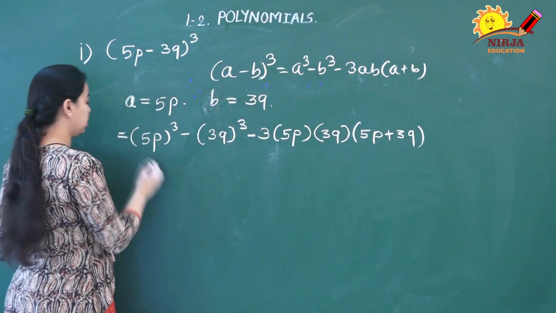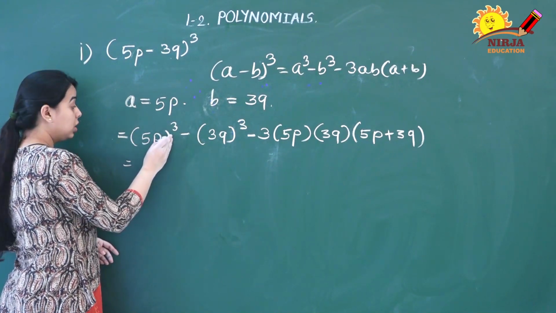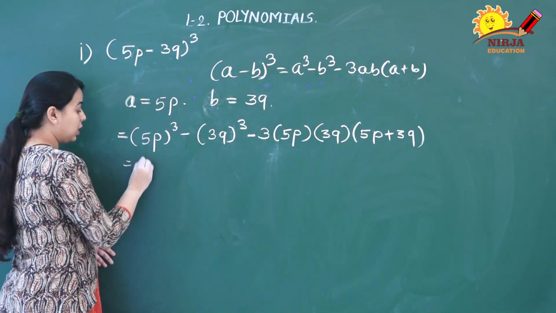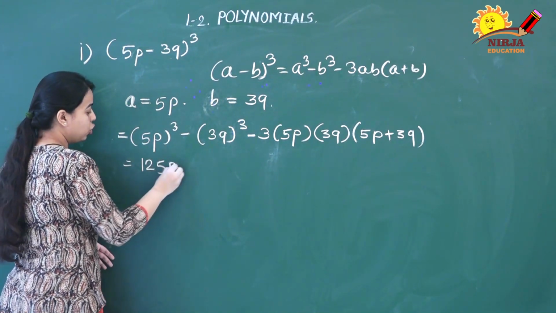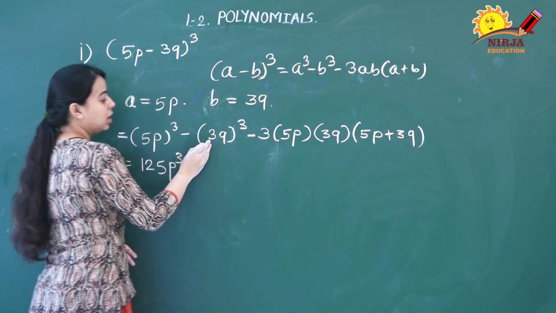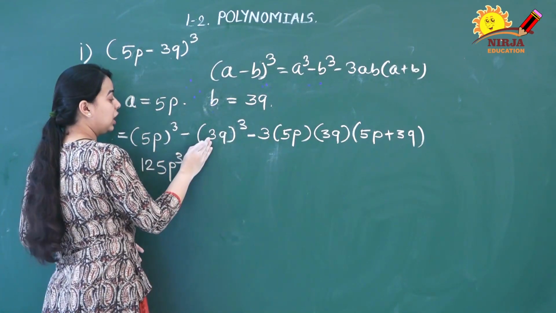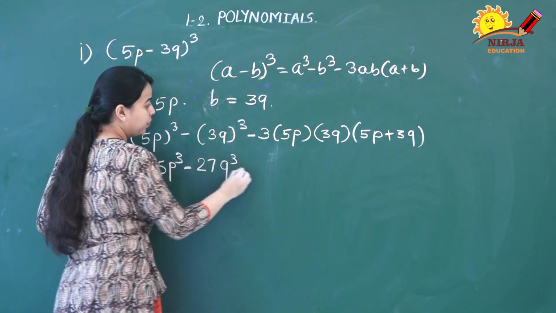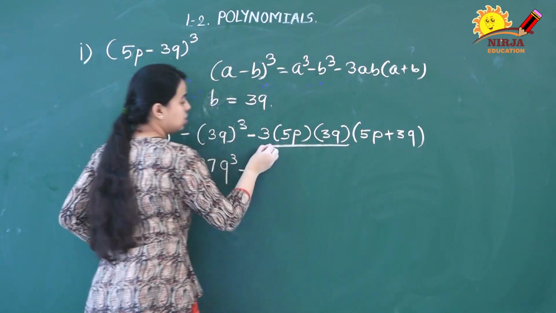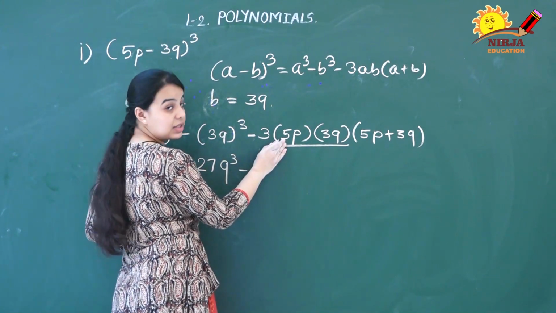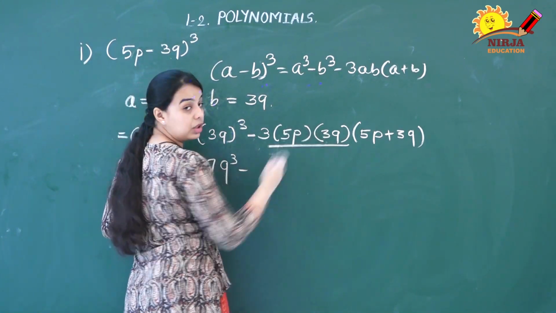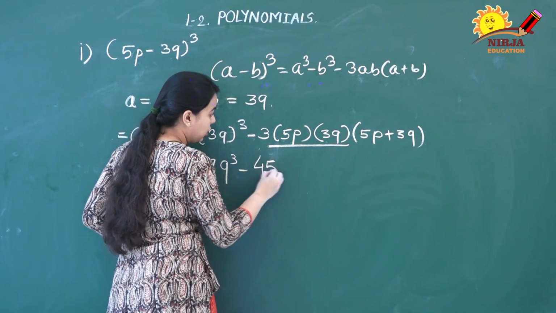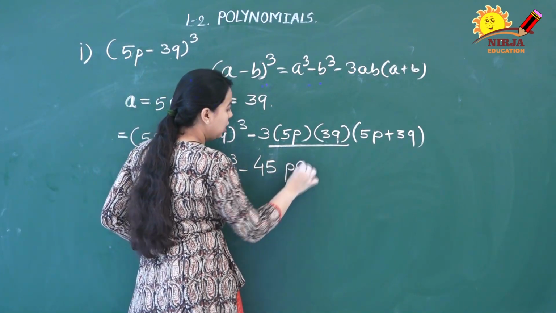Now let's solve it further. 5³ is equal to 125, so 125p³ minus 3³ is 27, so 27q³. Now let's solve this first. 3 fives are 15, 15 threes are 45, so 45pq.